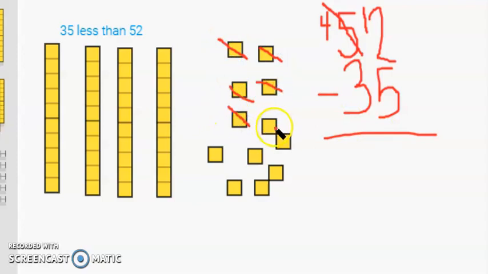And then we see what's left. 1, 2, 3, 4, 5, 6, 7. There are 7 left. And then I need to take away 3 10s. So I can go 1, 2, 3. What's left? 1 10. So 52 minus 35 is 17. The difference between these two numbers is 17.